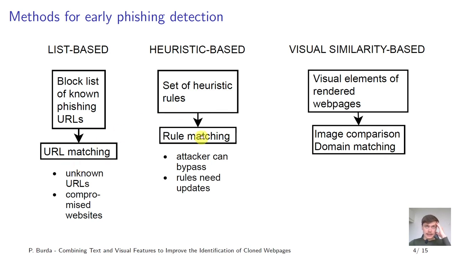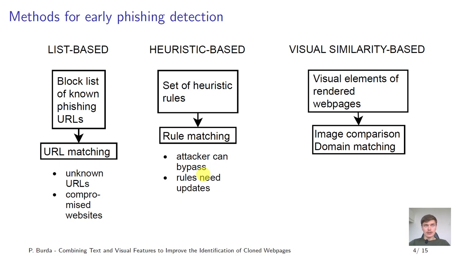Another set of techniques that may detect unseen attacks is a set of heuristic rules that can match potentially unknown attacks. However, these rules need constant updates, and an example of such a rule can be the presence of an SSL certificate for a website.